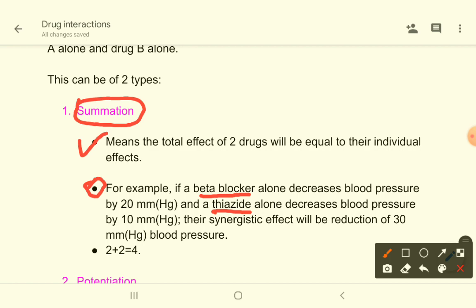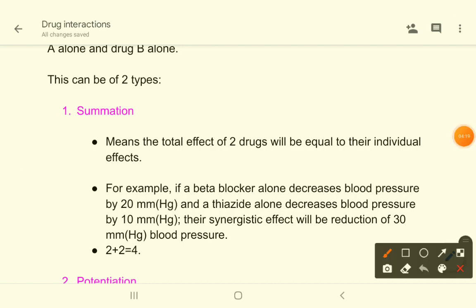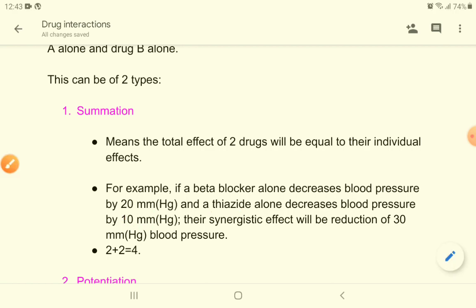Now if you give a beta blocker to a patient and that drug decreases blood pressure by 20 millimeter of mercury, and you are giving a thiazide diuretic to that patient, and that is reducing the blood pressure by 10 millimeter of mercury.